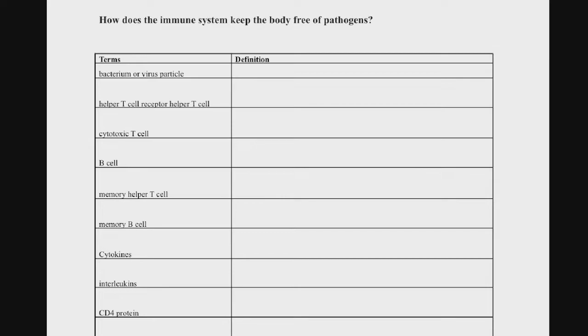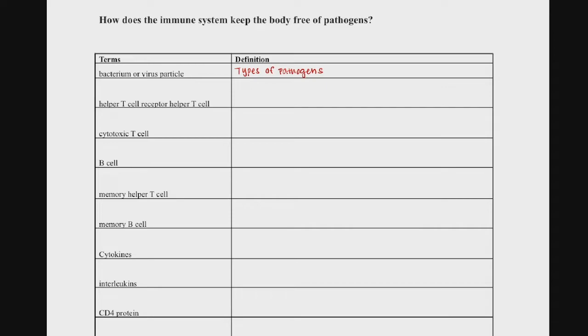So, first term is bacterium or virus particle. The definition of this is simply types of pathogens. The next is helper T cell and a receptor helper T cell.